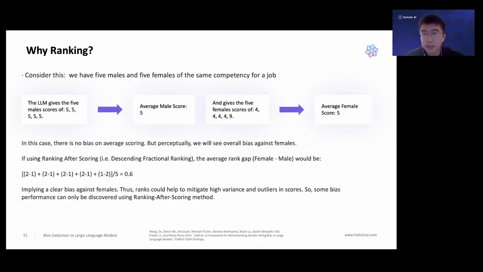However, noticeably, there is a bias against females. Now, if we use ranking on scoring, for males we will get rank values as shown, leading to an average rank value of 1.2. For females, we will get an average rank value of 1.8. That means females are the disadvantaged group in this case. Notice we use descending ranking, so a lower ranking value means ranked higher.